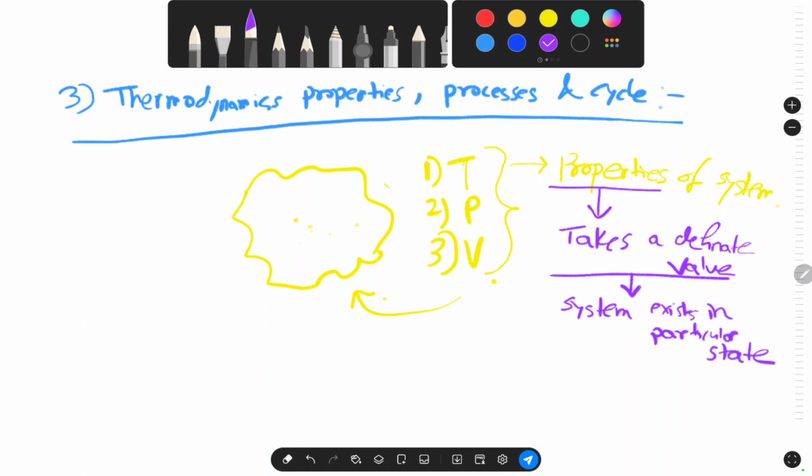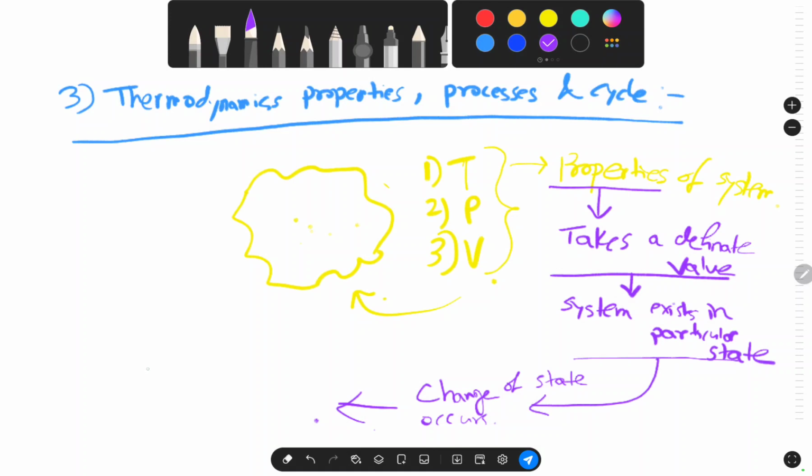When a change of state occurs, the system properties take new values in the second state.